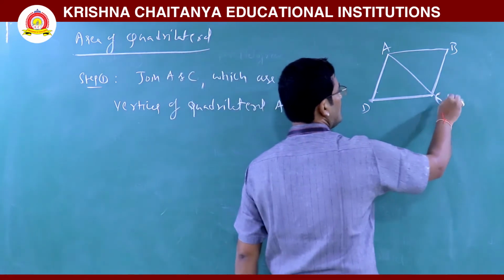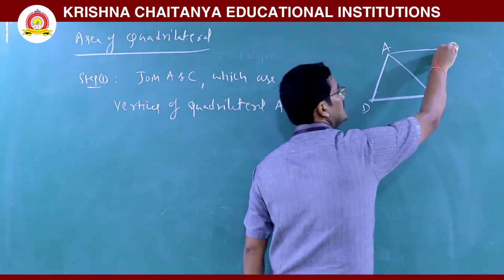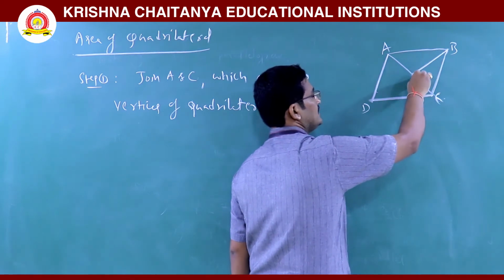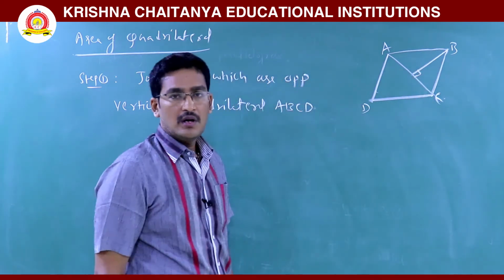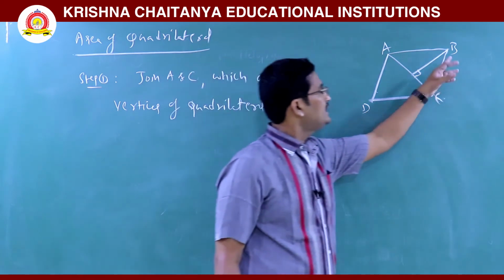Next, you have to drop a perpendicular line from B to the line joining AC.